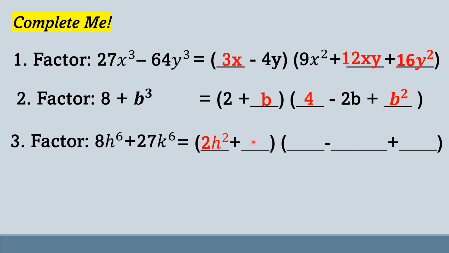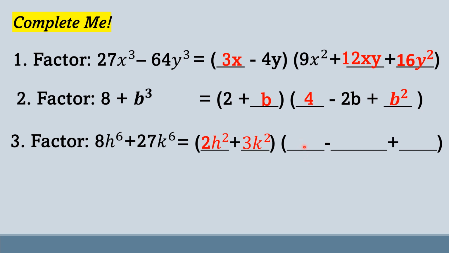To get the second term of the first factor, get the cube root of the last term of the given polynomial. So the cube root of 27k to the 6th power is 3k to the 2nd power.